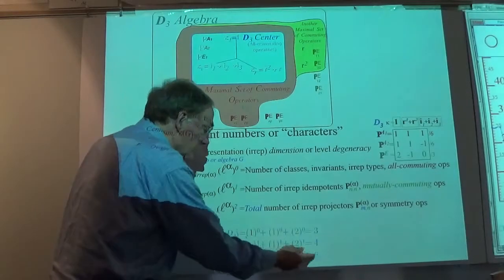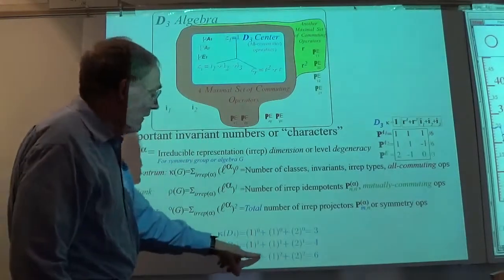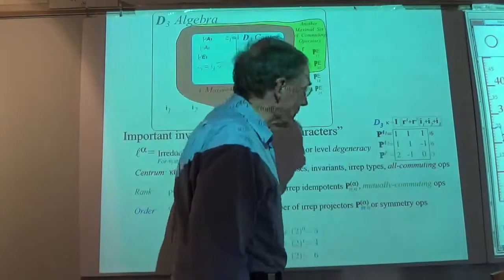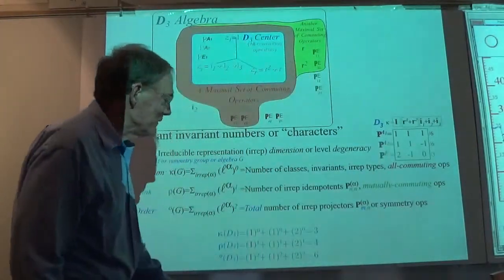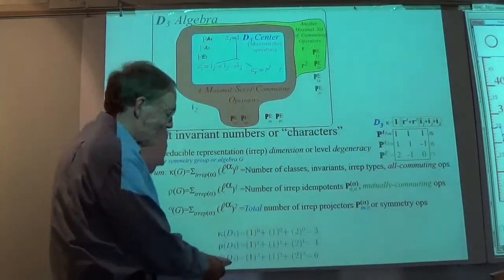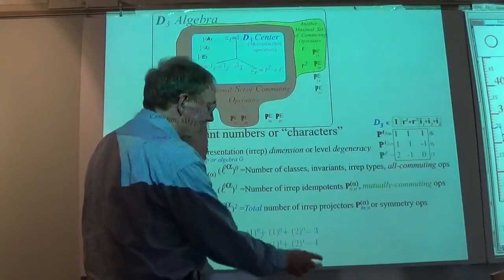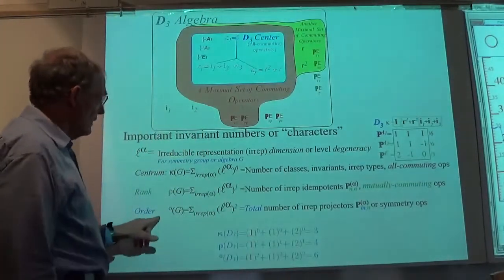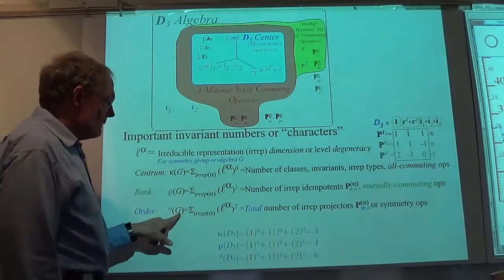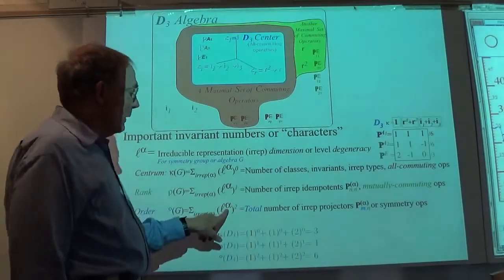And then finally there's the square. The square of those dimensions sums up. This is a Diophantine, I think, equation. Okay? And that's got to sum up to the order of the group. Order of the group. Sum of the dimensions squared.